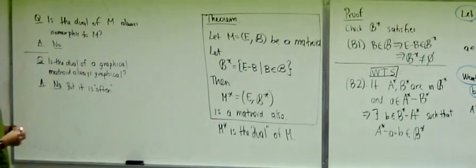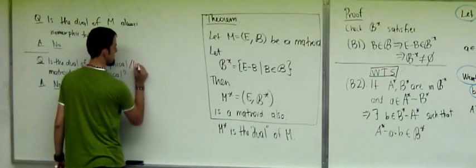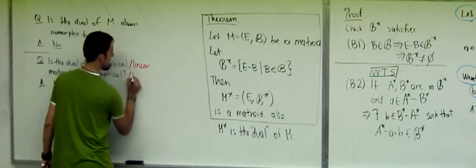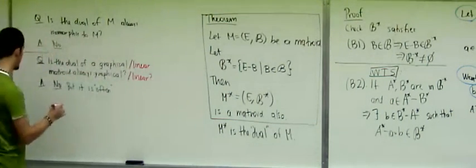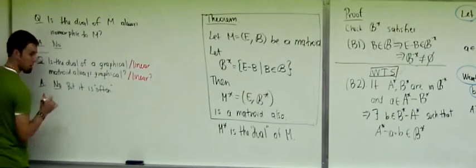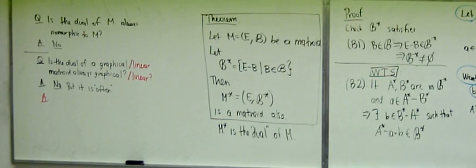Now, what other properties does that matroid have? For example, we saw that it's a linear matroid. So maybe I'll ask the question, okay, is the dual of a linear matroid always linear? And if I ask you to take a wild guess, would you say that that's true or that that's not true?